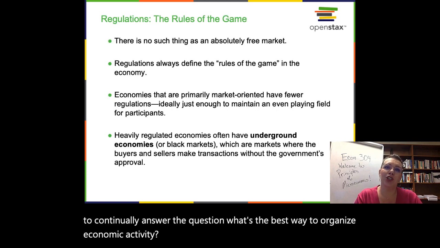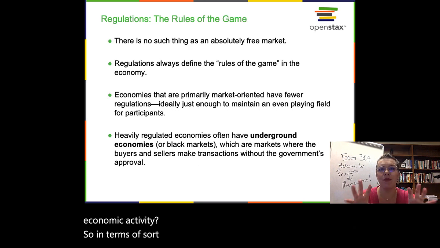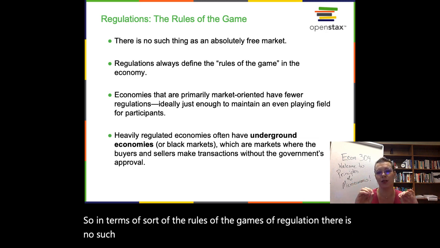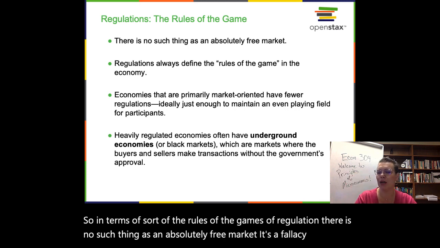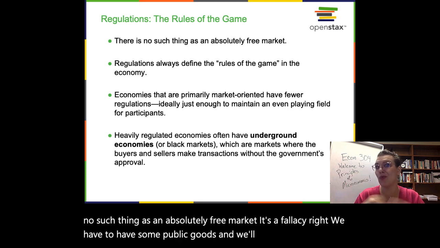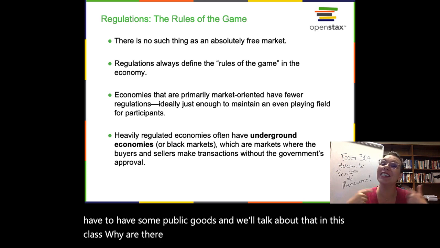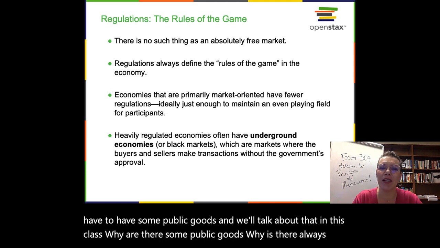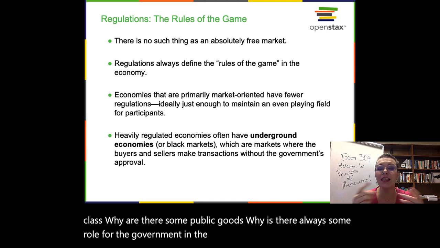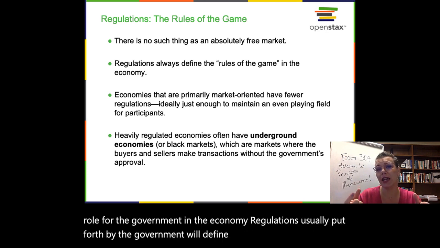So in terms of the rules of the game, of regulation, there is no such thing as an absolutely free market. It's a fallacy, right? We have to have some public goods, and we'll talk about that in this class. Why are there some public goods? Why is there always some role for the government in the economy? Regulations, usually put forth by the government, will define the rules of the game in an economy.